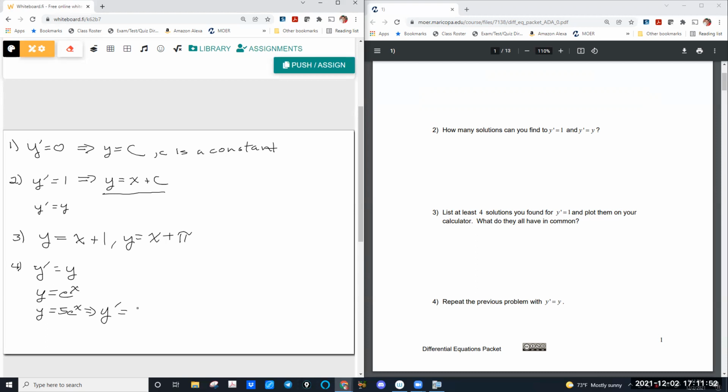Now, if it was additive, it wouldn't be true. And so we get the general solution, y equals c e to the x. Like I said, we're going to come back to this one and look at how to solve it analytically later. But I just wanted to reason through it with what's actually being asked.